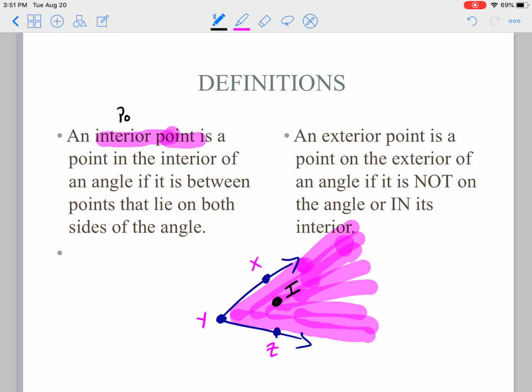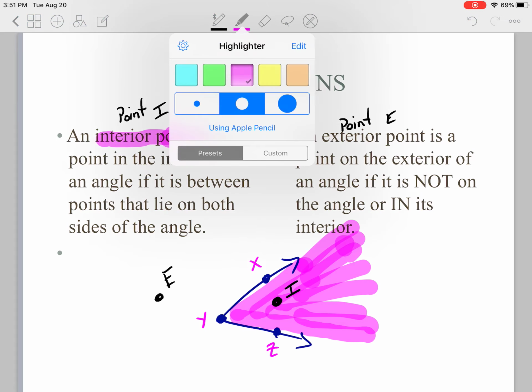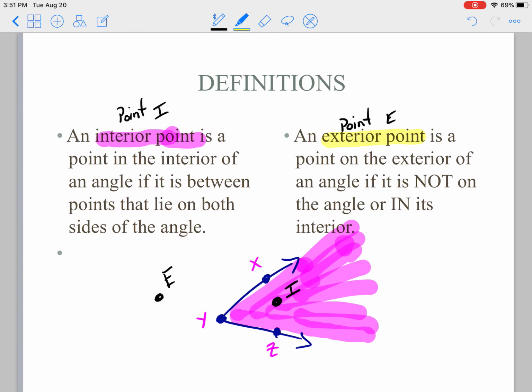So this will be point I is on the interior, and it's between the sides of the angle, between the two rays. And then I'm going to also draw a point E, and this is point E that is on the exterior. And so the exterior, I'll actually make yellow, and all of this forever in all directions outside is actually the exterior of the angle.